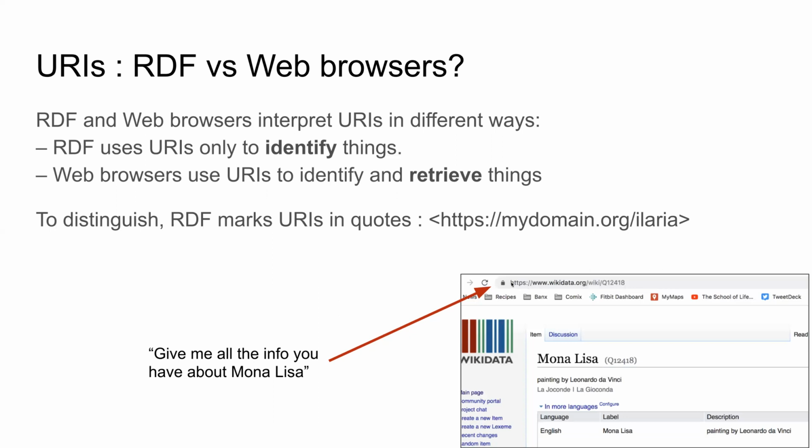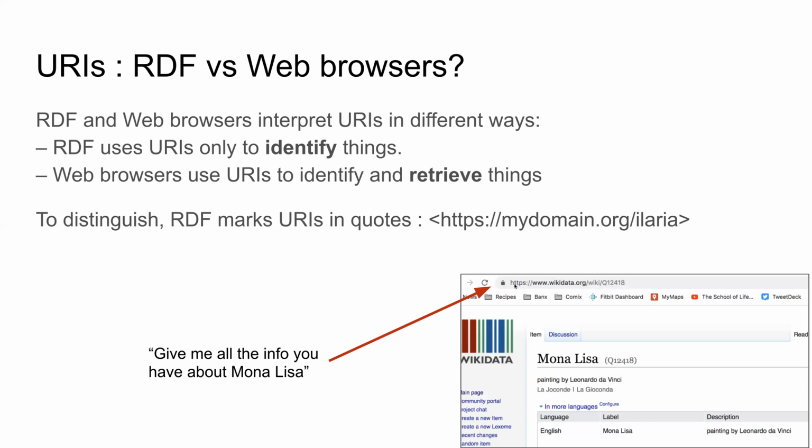Most of the time, especially with existing datasets, and we will see examples later, you will be able to take a URI that is written in your RDF file and put it in your web browser and ask it to retrieve information from there.